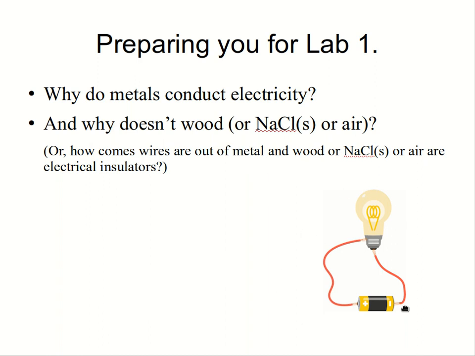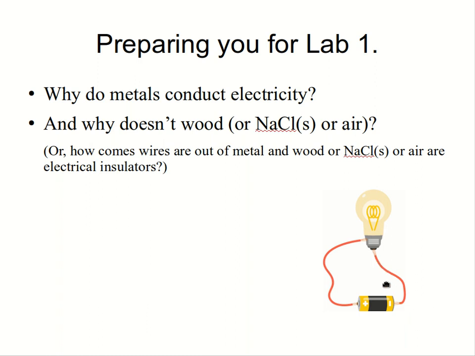So why does an electrical circuit look like that? I have my battery here, and I need wires to go to the bulb. The electricity can't go from this negative terminal or from the positive terminal to the bulb just through the air. I need a wire to make this connection, and I need a wire for the electricity to come back.